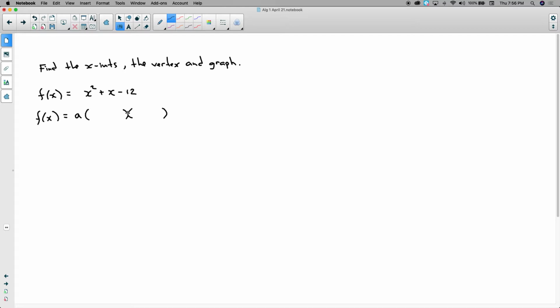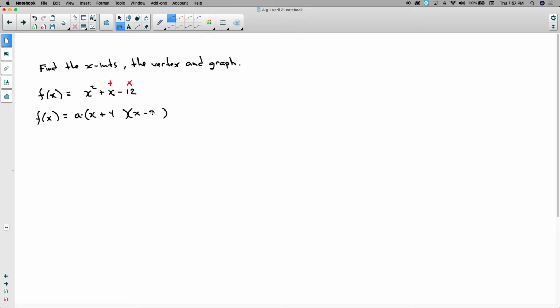We want it to be written as a product, and we don't have it written as a product right now. We have it written as a sum and difference. So we need to factor it. So with a leading coefficient of 1, we're back to our old friend: think of two numbers. And we spent a whole chapter factoring. Think of two numbers that multiply to negative 12, but add up to positive 1. That is a 1 right here.